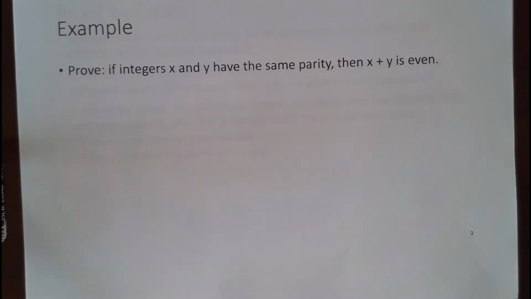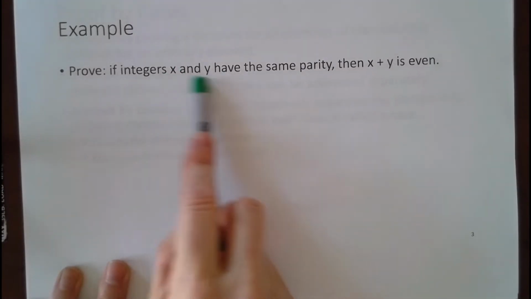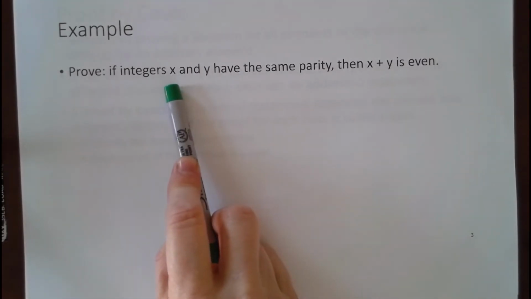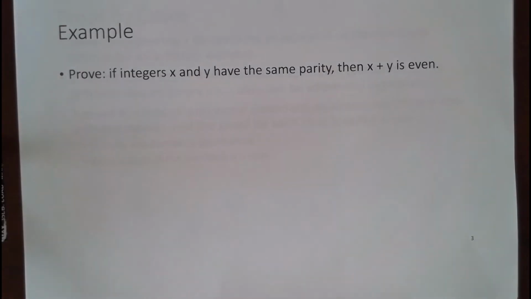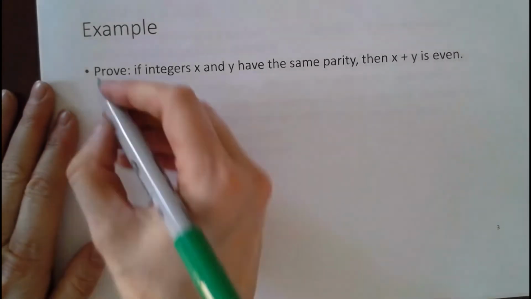We're going to have one case where we partition all possibilities. If I listed out all the pairs x and y that could come up, half of those are going to be in the class where x and y are both even, and the other ones are going to be in a class where x and y are both odd. And we have to do separate proofs because the numbers have different forms when they're even and when they're odd.